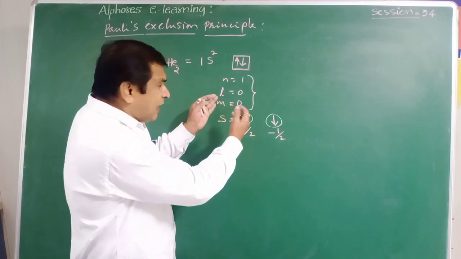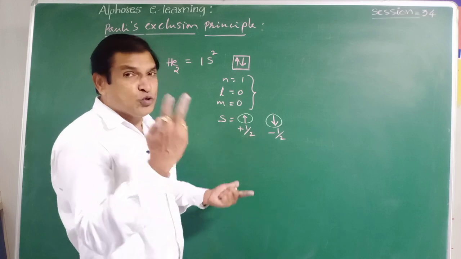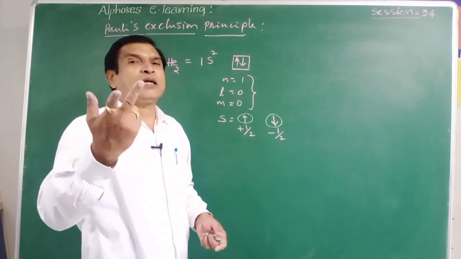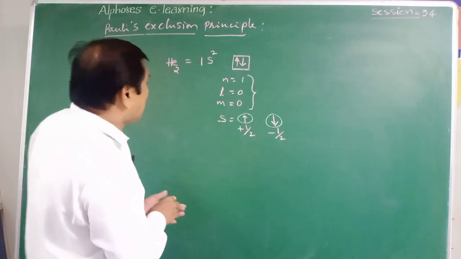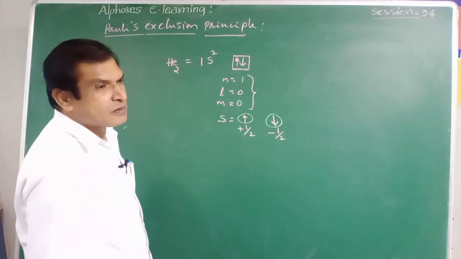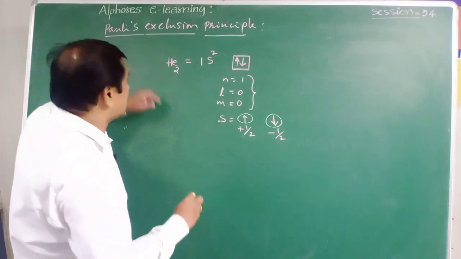As the experimental results show that an orbital is allowed only 2 spin quantum number values, Pauli's principle can also be stated as: an orbital can accommodate a maximum of 2 electrons only.